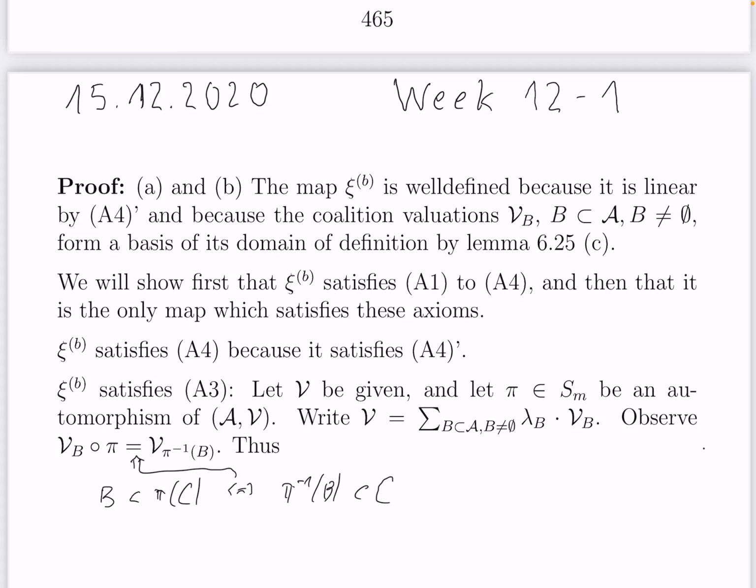The coalition valuation on the left hand side takes value 1 on a coalition C if pi of C contains B, and else it has value 0 on C. And the coalition valuation on the right hand side has value 1 on a coalition C if C contains pi up to minus 1 of B, and else it has value 0 on C. And now it's obvious that these conditions are equivalent because pi is a bijection. It's a permutation. So therefore these two coalition valuations are the same, even in general.